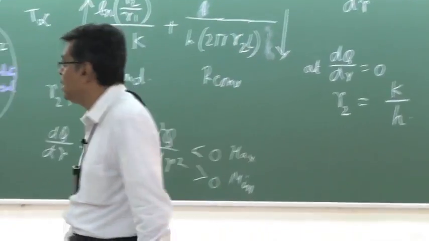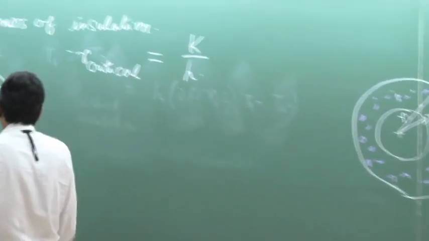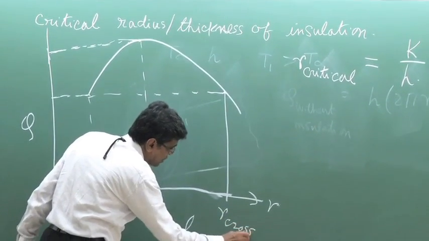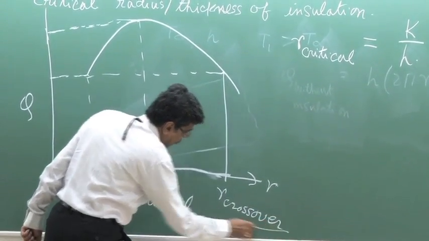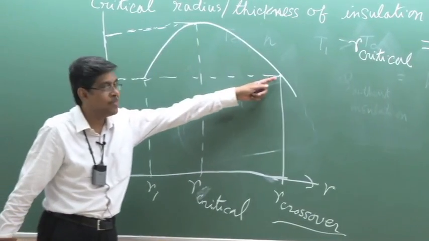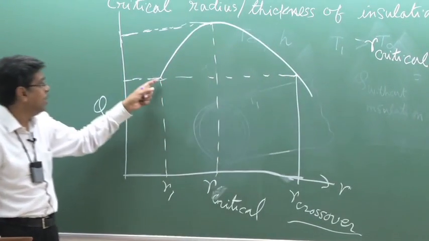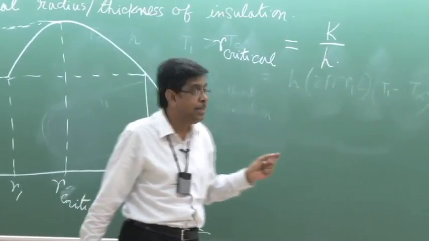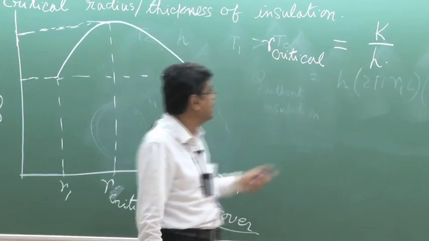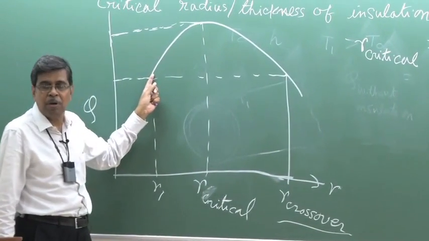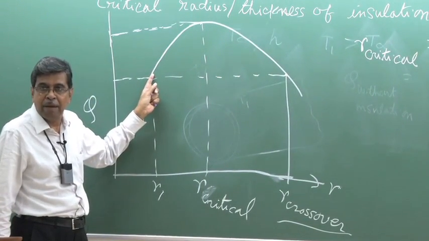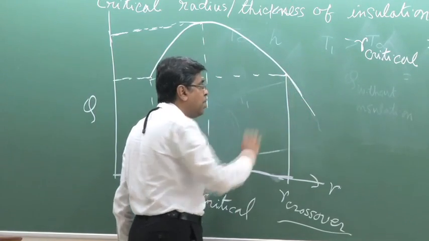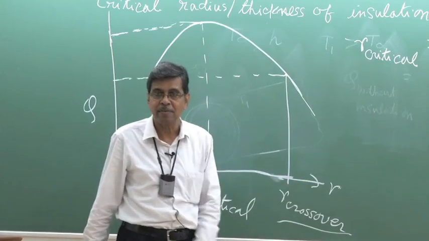That radius is known as the crossover radius, meaning the radius at which the heat transfer for any insulating material of a given k, depending on k and h, becomes the same as that of the bare pipe. So the actual insulation radius should be higher than this crossover radius.